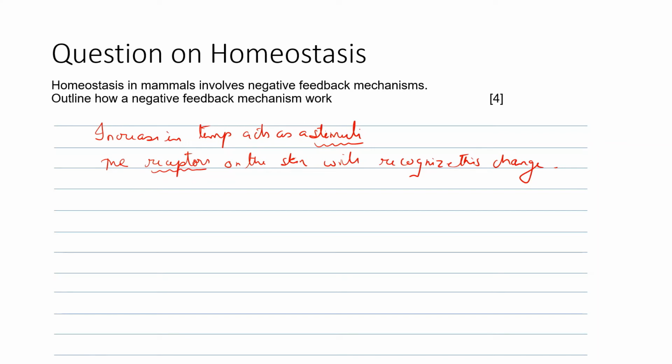Now the impulses are being sent to the brain that there is a decrease in the body's temperature. The impulses are sent to the brain that the body's temperature is decreasing. Now the body would want to bring it back to normal with the help of the negative feedback mechanism. So the brain will send an impulse to the effector organ.